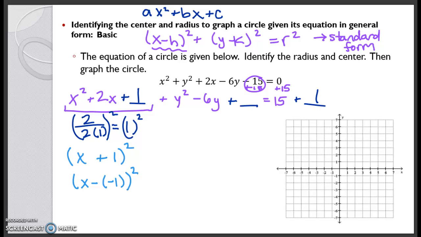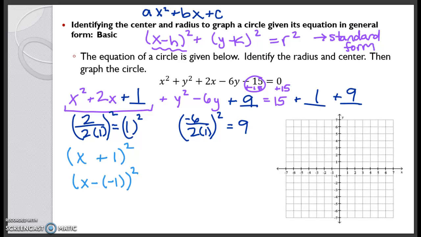So, I'm going to take b over 2 times 1 and then square it. So this is going to equal 3 squared, which is 9. So for this one, I'm adding 9 to both sides.